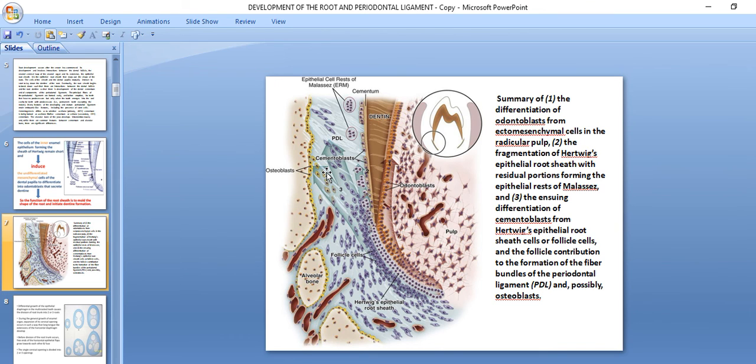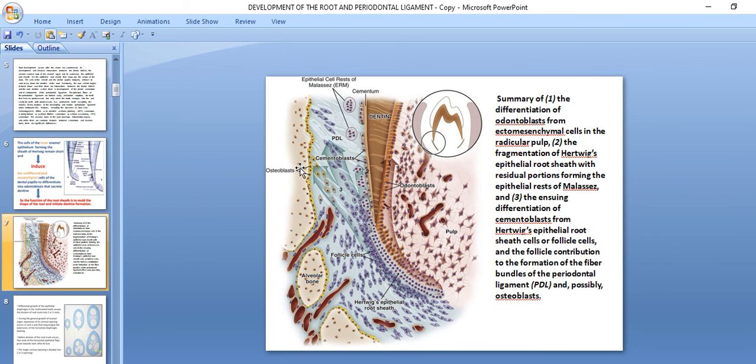This collagen will become embedded as Sharpey's fibers into the developing acellular cementum at the tooth surface and into the developing bone at the alveolar surface.